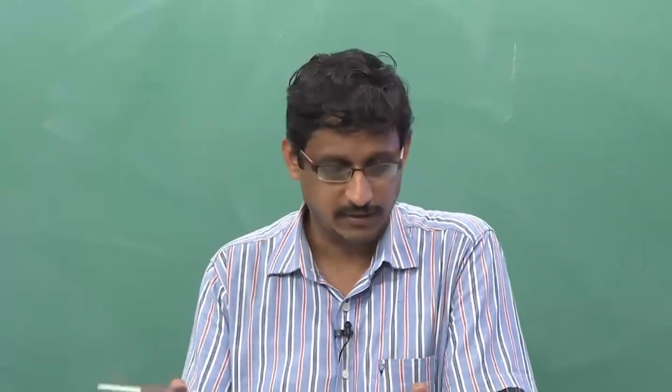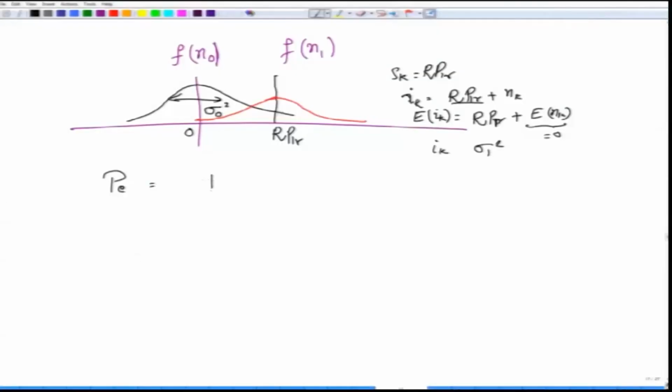So, this PE can be written as the probability that I am going to decide 1 when actually bit 0 was transmitted, times the probability that 0 itself is transmitted, plus the probability that the receiver will decide the bit as 0 when we have actually transmitted bit 1, times the probability that you have actually transmitted 1 itself.